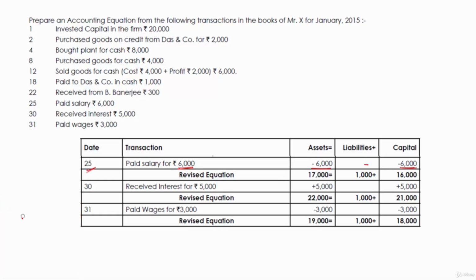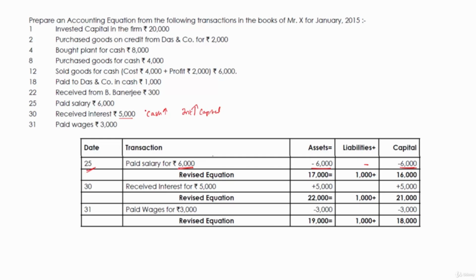Okay, that is done. Then on 30th, received interest rupees 5,000. When interest is received, what is the entry? Bank account or say cash account will increase, and interest being an income, it will directly increase the capital.